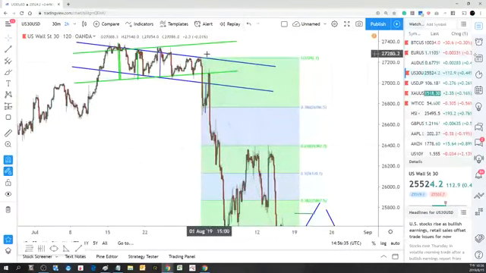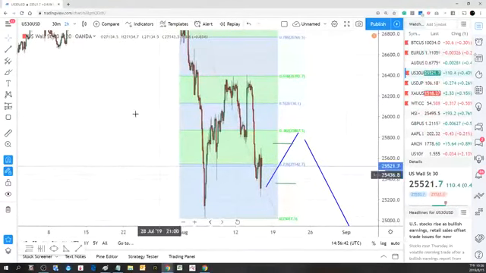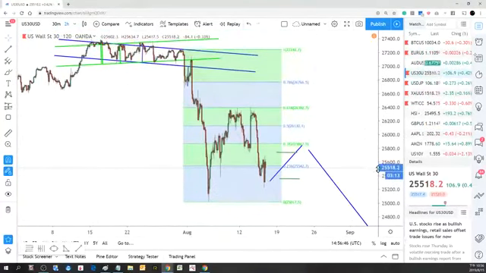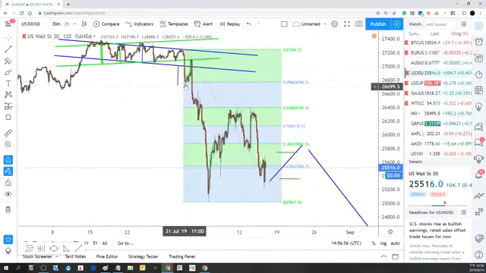If we pull a diagram from the highest top to the lowest bottom here, we see that the market is reacting to this blue channel's cycle top very nicely.